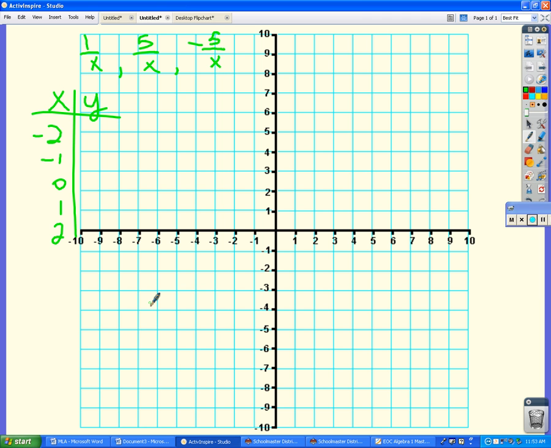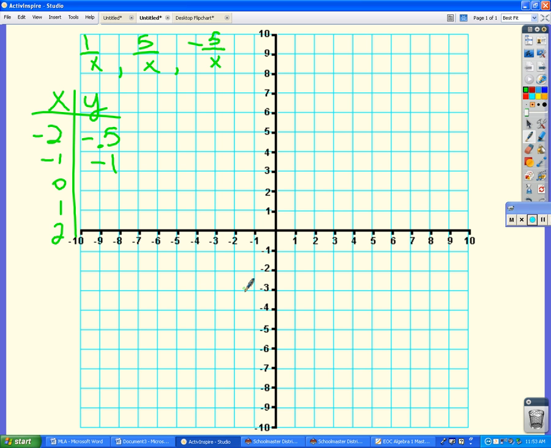Okay, so if I take that and plug it into 1 over x, 1 over negative 2 is what? Negative 0.5, good, negative 1/2. 1 divided by negative 1 is? Negative 1. 1 divided by 0 is?